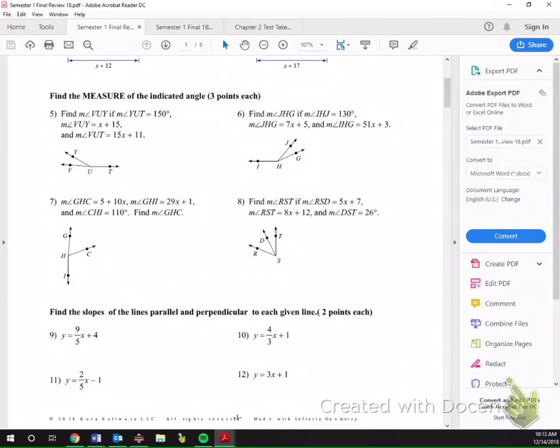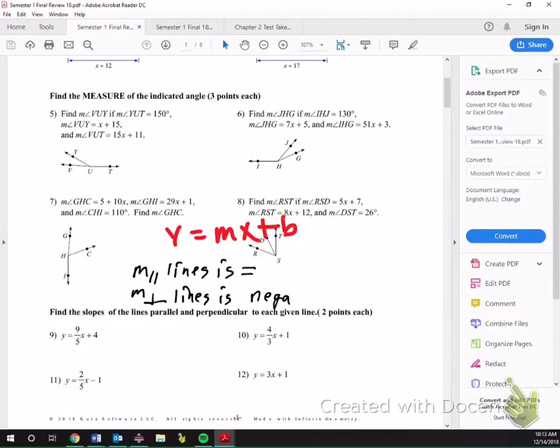And that's that. So here, we're looking at the slopes of lines parallel and perpendicular to the given line. We know that each of these lines is written in y equals mx plus b, and m is the slope. The slope of parallel lines is equal, and the slope of perpendicular lines is the negative reciprocal.